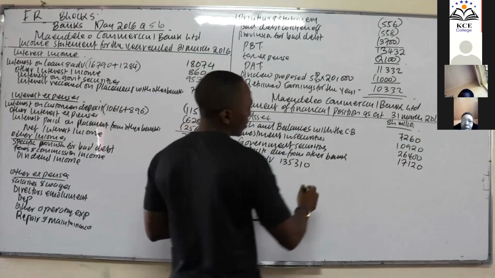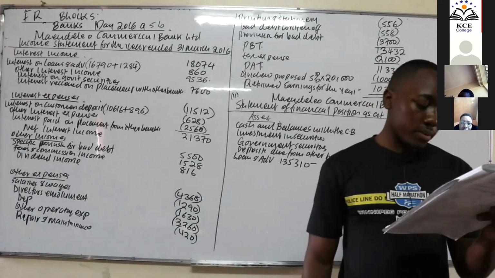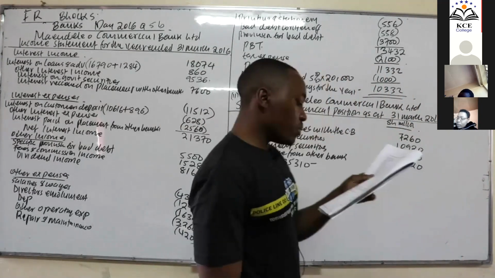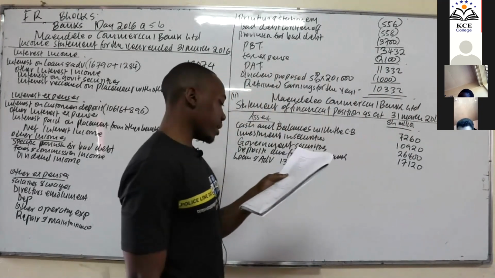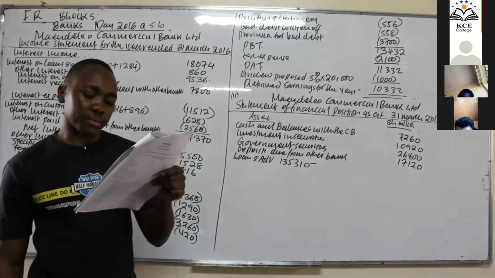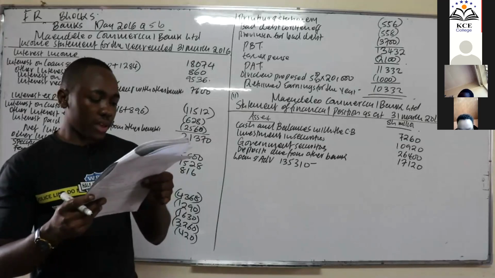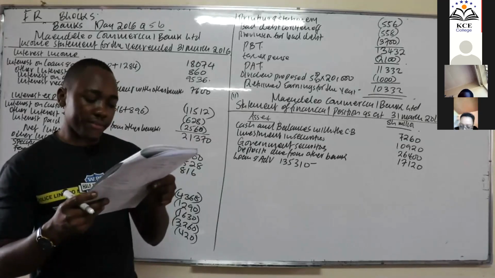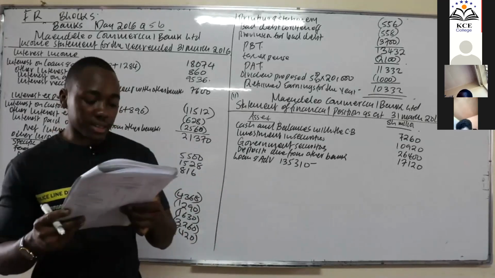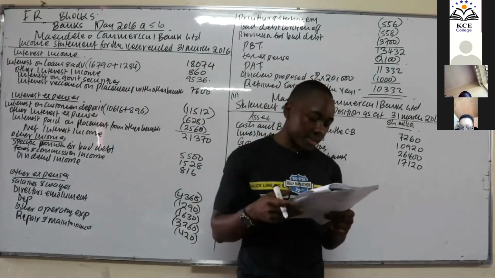But of this amount, there is a provision for non-performing loans. Let's go to note number 1. An analysis of the debtors' balance at the end of the year. Do you have any account receivables? In case we don't have any, that means it will affect our loans and advances. Actually, that's the debtors for the bank. The debtors for the bank are the loans and advances.